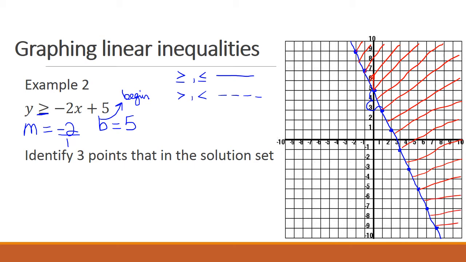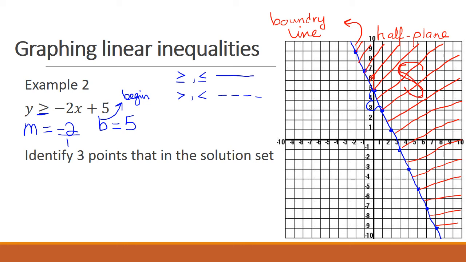This shaded area is called a half plane, and the line here is called a boundary line. And the solution is in the half plane.